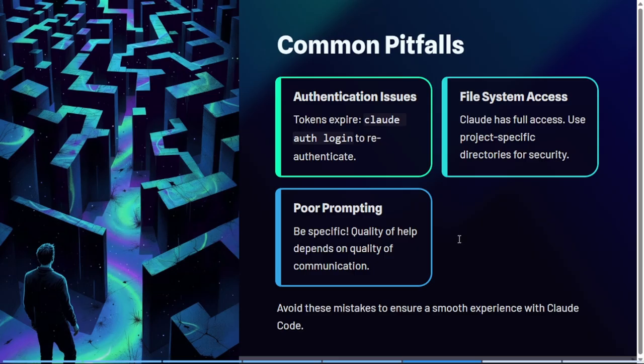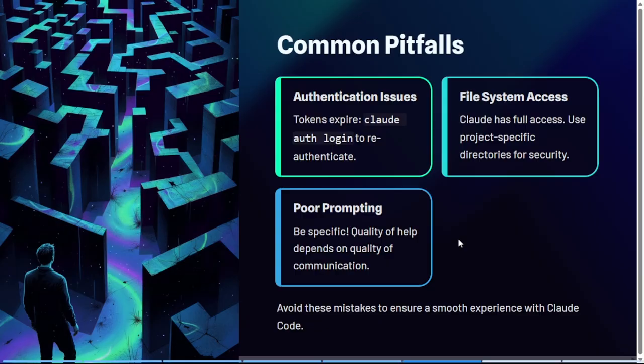Something else is expecting instant awesomeness without proper prompting. Look, Claude Code is incredibly powerful, but it's not telepathic. If you say, make my app better, it's going to ask you what you mean.